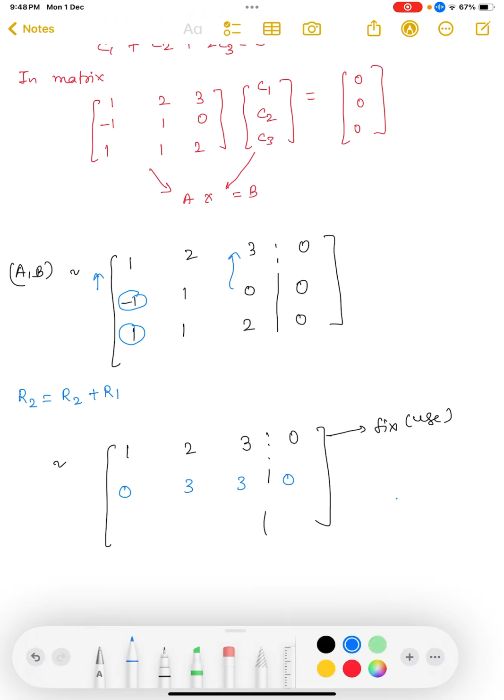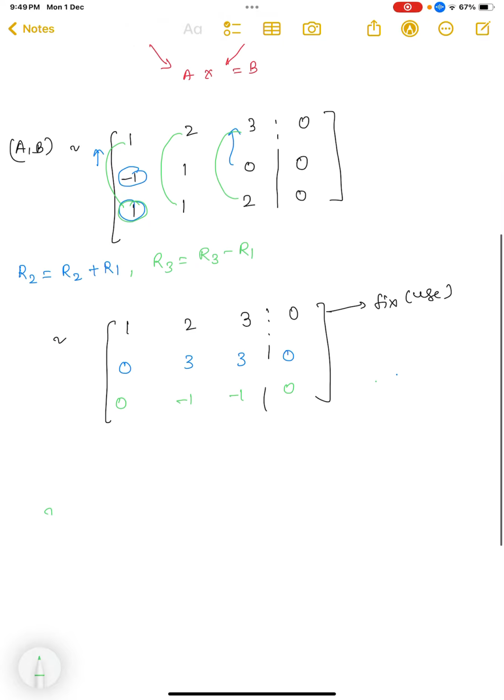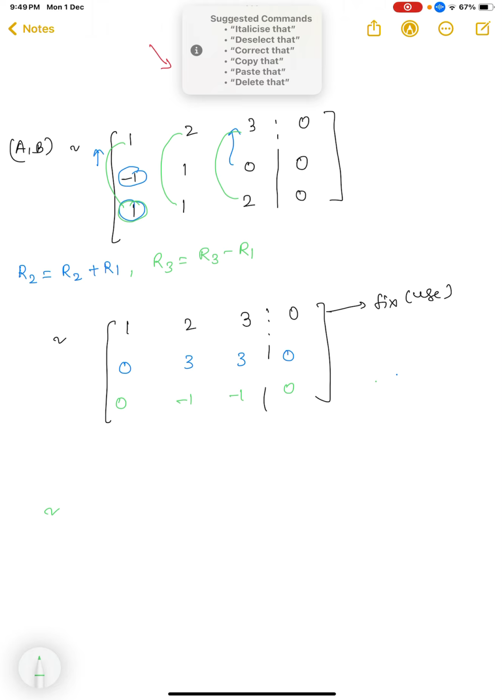Similarly, to get 0 here, we do the operation r3 equals r3 minus r1. So 1 minus 1 is 0, 1 minus 1 is 0, 1 minus 2 is minus 1, and 2 minus 3 is minus 1, and 0. Now as you can see 3 3 is there, so you can divide by 3.